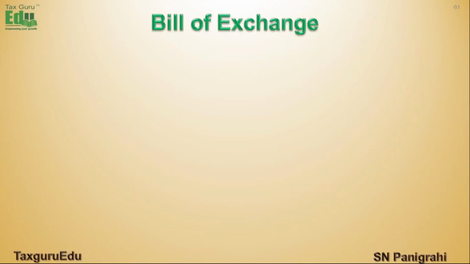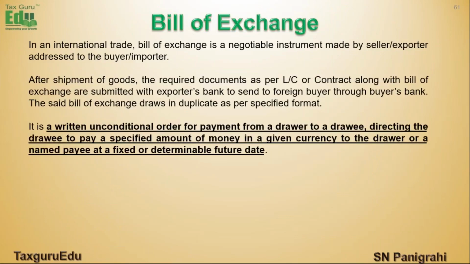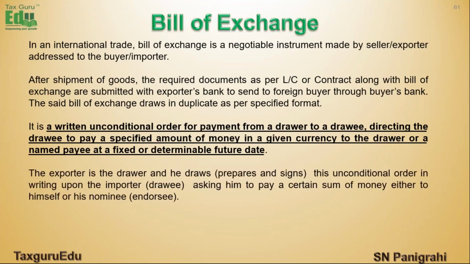Now the bill of exchange, as I told you, is a written unconditional order for payment from the drawer, meaning the beneficiary, for example the exporter, to a drawee, that is the importer, directing the drawee to pay a specified amount of money in a given currency to the payee at a fixed and determinable future date.